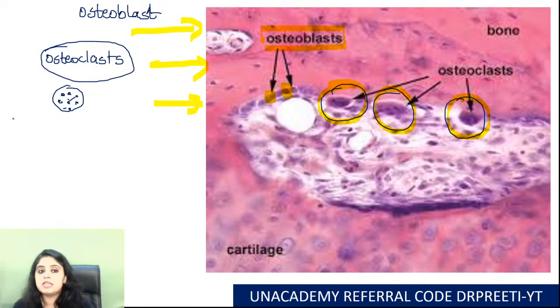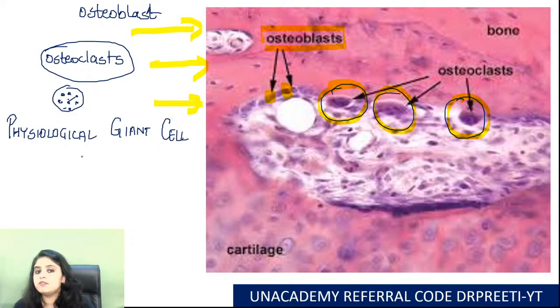So, if I have to make a quick list of the physiological giant cells of the body, who's going to help me make this list? Physiological giant cells, which are giant cells which are normally seen. Number one, we've already discussed, that is the osteoclast. What else? Osteoclasts are in the bone, and in the bone marrow also we have physiological giant cells, and those are known as megakaryocytes.